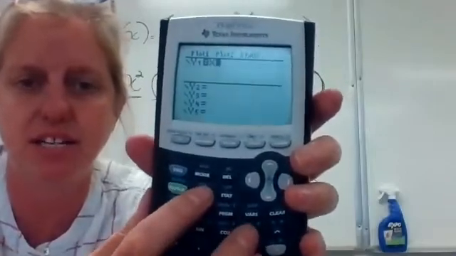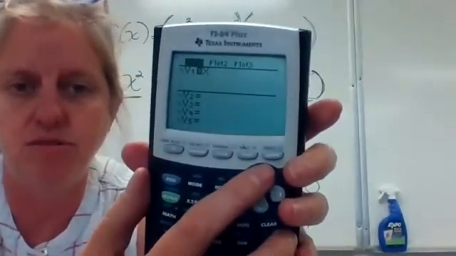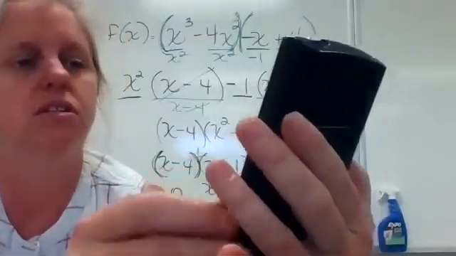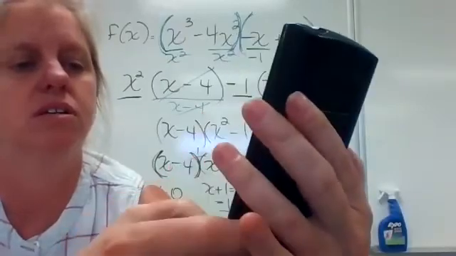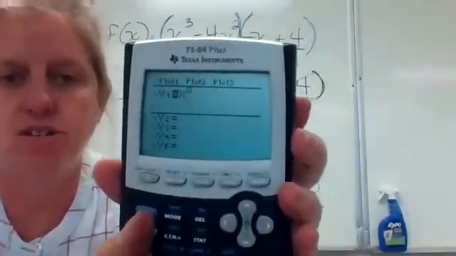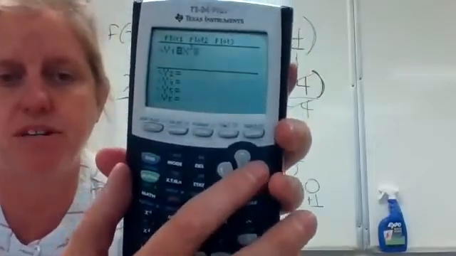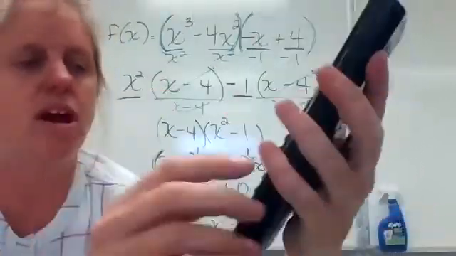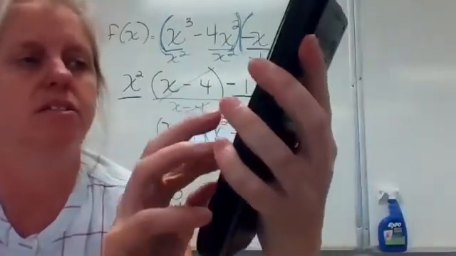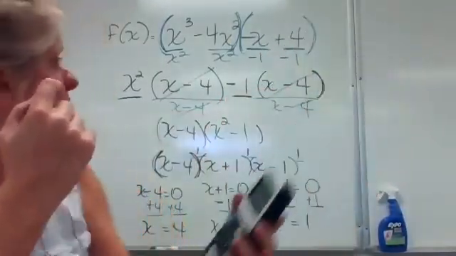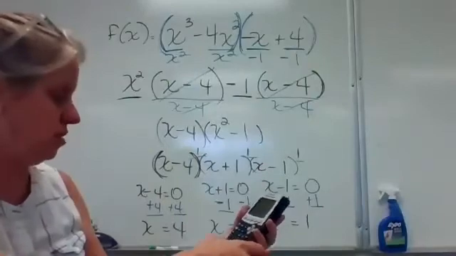So x, raise it to the 3rd power. And I'm going to get out of the exponent. And then minus 4x squared minus x plus 4.